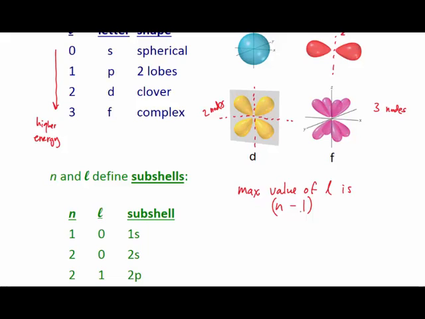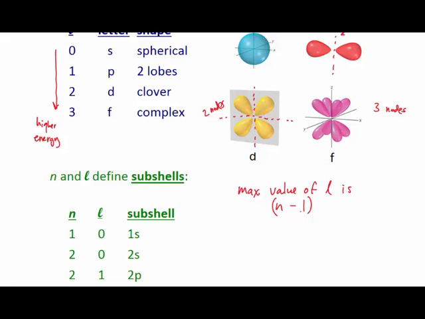For whatever our n value is, l could be any value starting at 0, maxing out at n minus 1. So if n is already 1, l equals 0, that is n minus 1, so there are no other possible values of l. That just means that if our principal quantum number is 1, we have a spherical orbital.